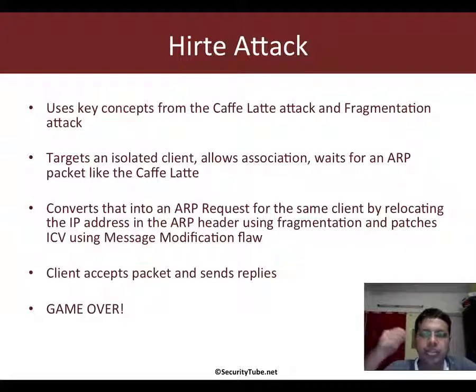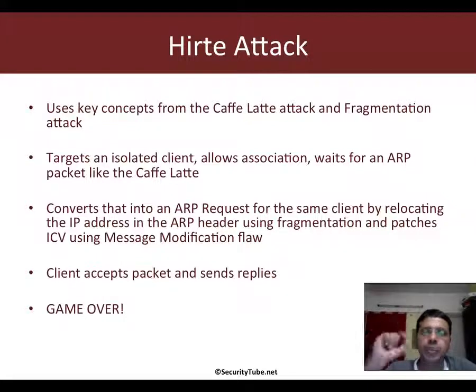Once that happens, it will wait for the auto-configuration IP address to be handed over so that the client sends an ARP packet. Then the Hirte attack code will take that ARP packet and convert it into an ARP request for the same client. How will it do that?